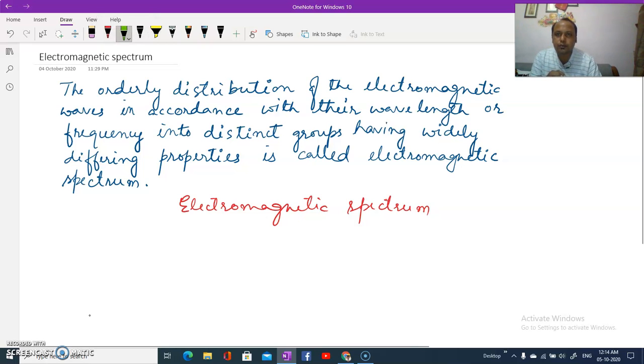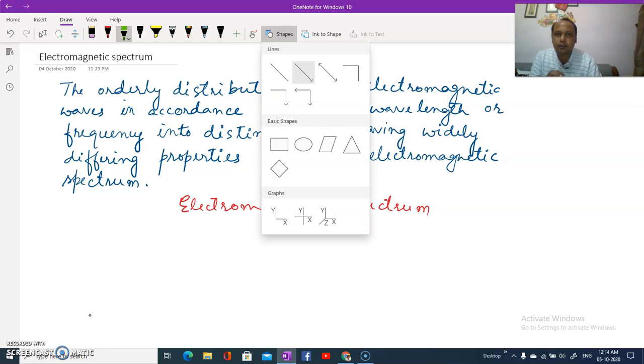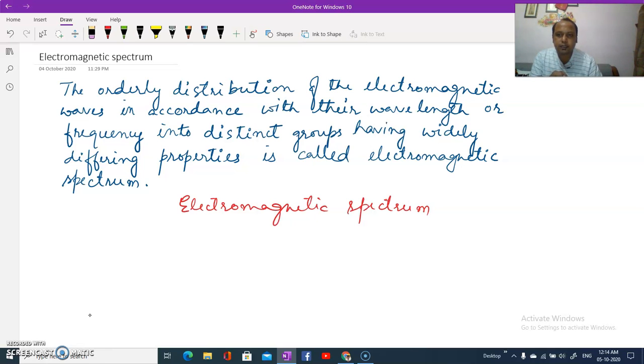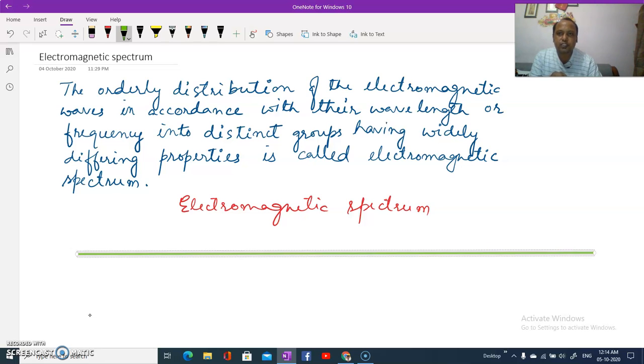let me show you how we can represent the electromagnetic spectrum. Suppose we take a line here which parts will show different types of electromagnetic wave.